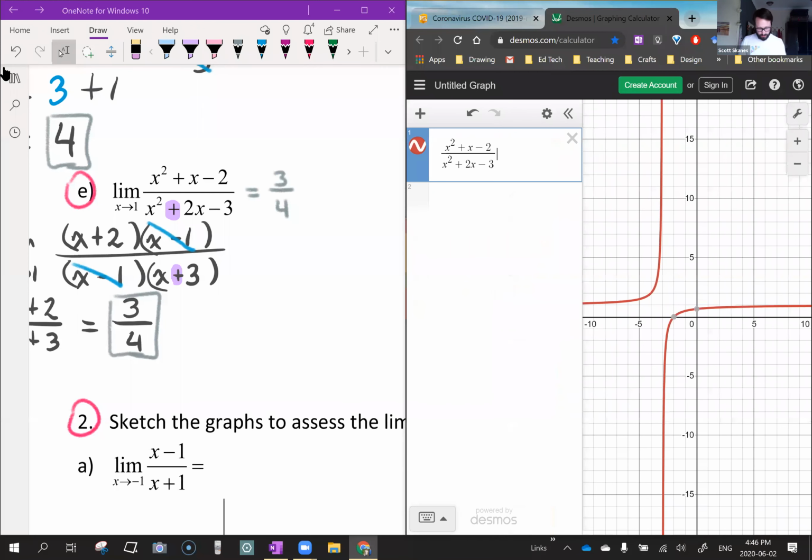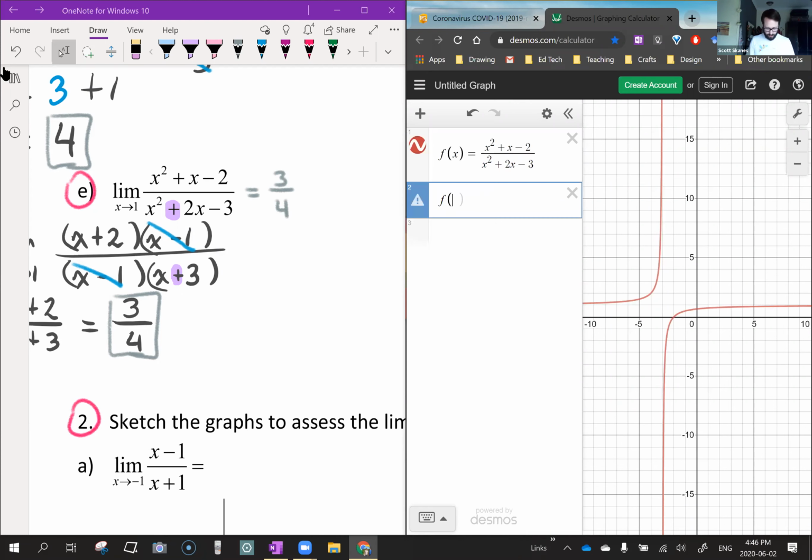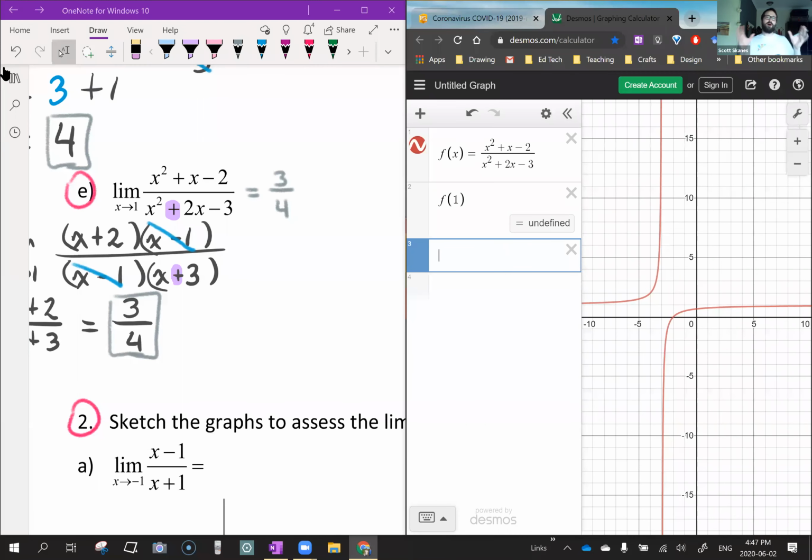Let me make it clear here. Our function, f of x, f at 3 over 4. Oh, sorry, I'm trying to go to 1. What am I thinking? F when the value is 1, it's undefined. Okay, this is the power of limits, I guess. When f is 1, you can see it's undefined. Sorry, 1 second.